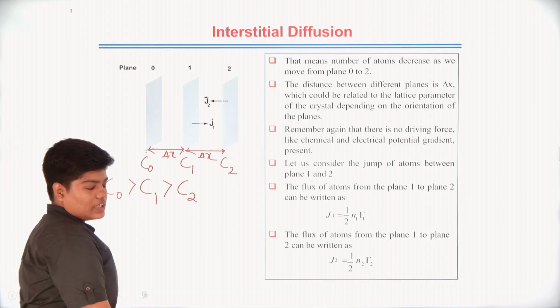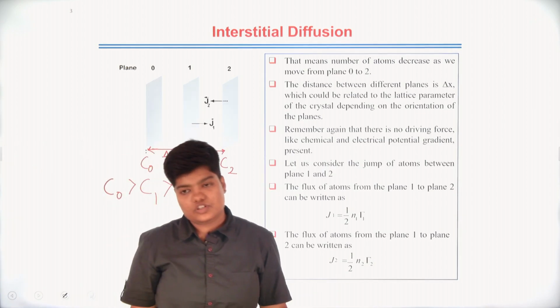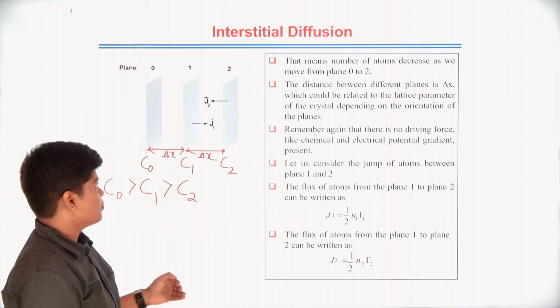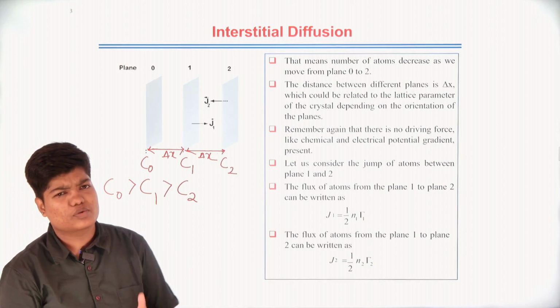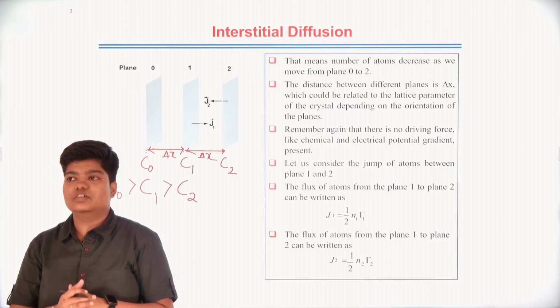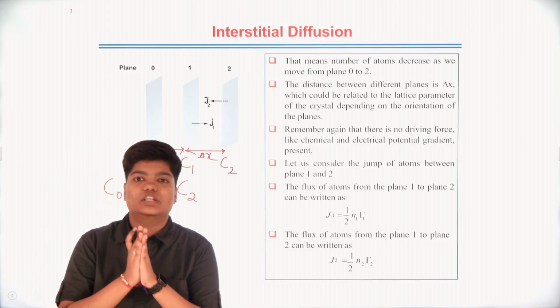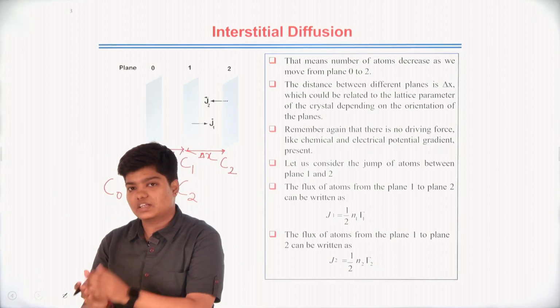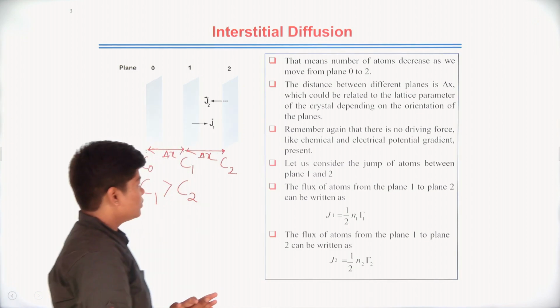Remember, there is no driving force, no electric potential gradient, no chemical potential, but the atoms will jump to the adjacent planes because of some oscillation and vibration. Because of this, they acquire the minimal energy so that they can cross the activation barrier and jump.